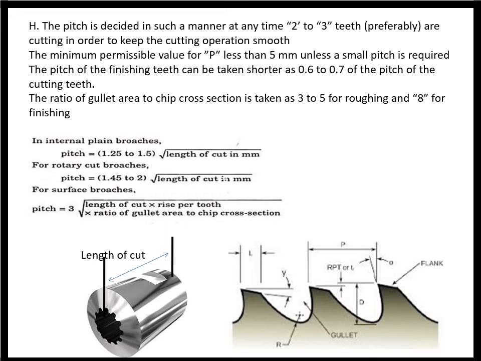The ratio of the gullet area to chip cross section is taken as 3 to 5 for roughing and a value of 8 for finishing. These are the various formulas which are used to determine the pitch for plain broaches, for rotary broaches, and for surface broaches.